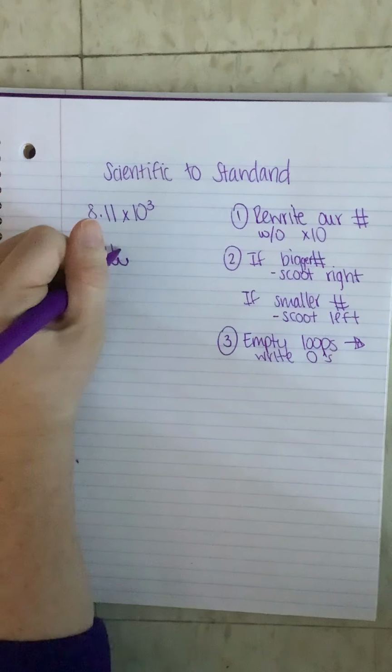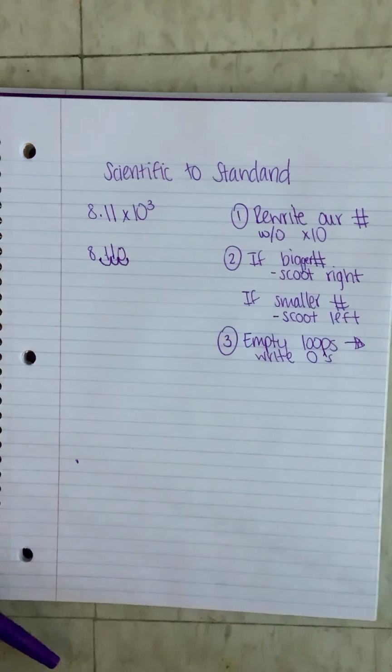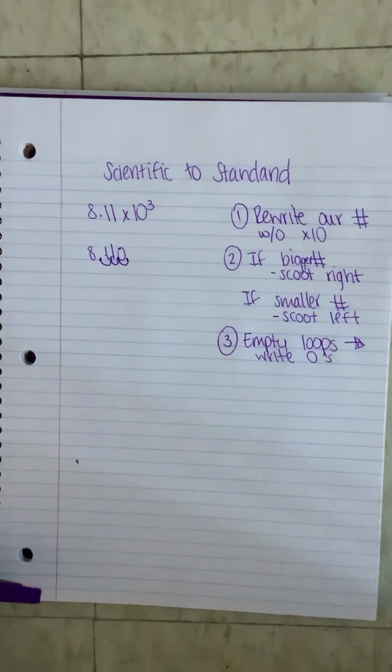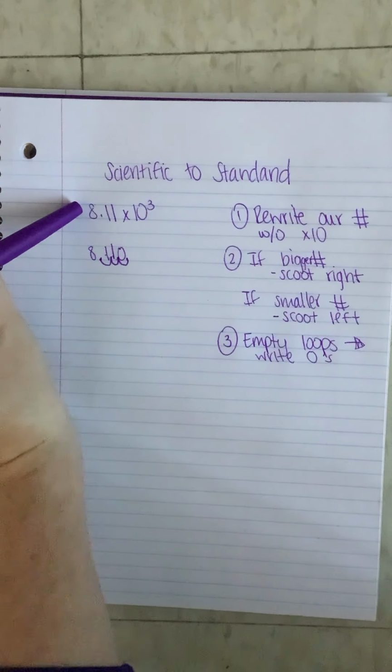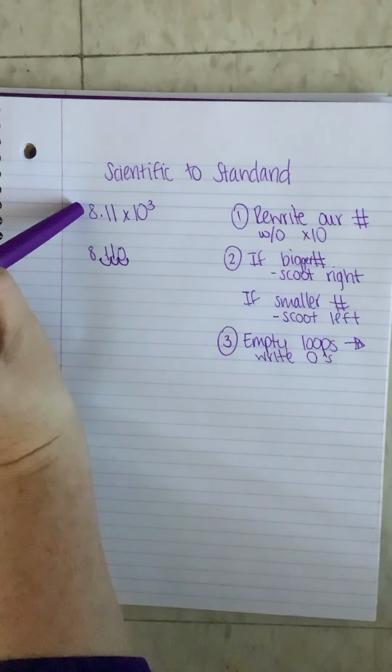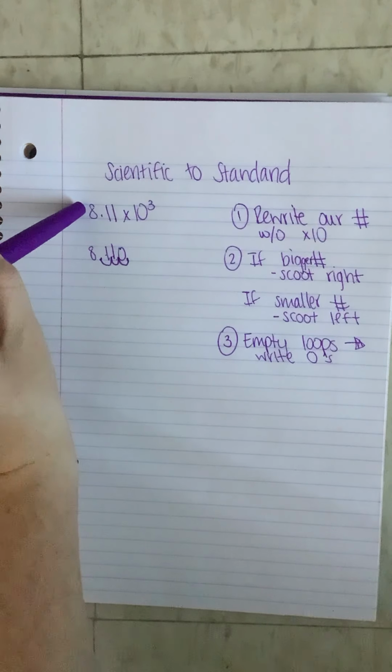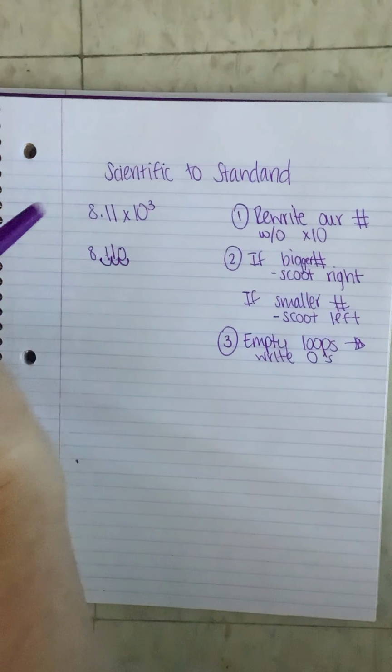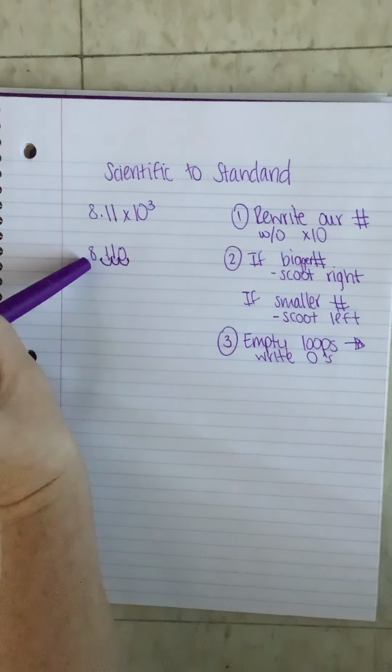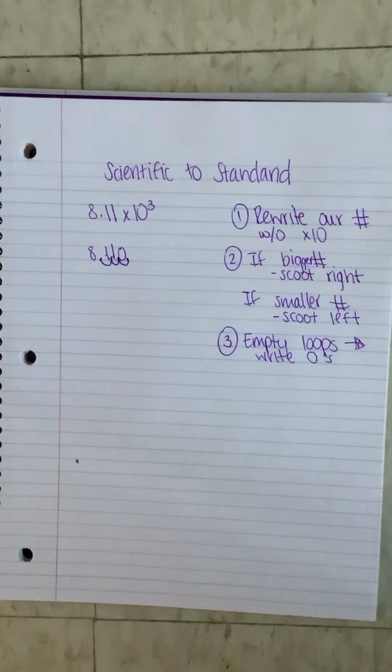So in this empty loop, I'm just going to write a 0. So when I go to 8.11 times 10 to the third power, if I wanted to write that in standard form, that would just mean 8,110.